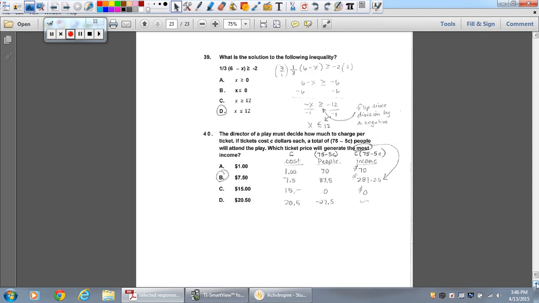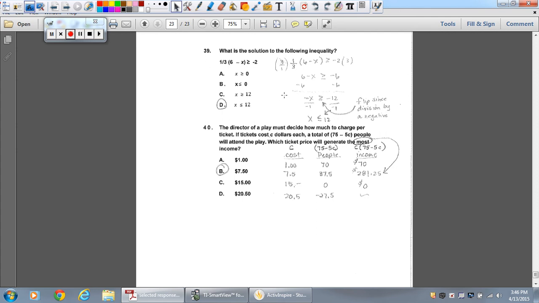Number 39, solving inequalities. So it looks like we needed some review on solving inequalities. You're going to solve an inequality exactly as you would an equation, except for one thing. So here's my original. I decided I wanted to get rid of the 1/3 first, so I multiplied both sides by 3/1. That's the same as an equation. Once I multiplied it, that 3 and 1/3 went away, so I was left with 6 minus x, and this became -6.